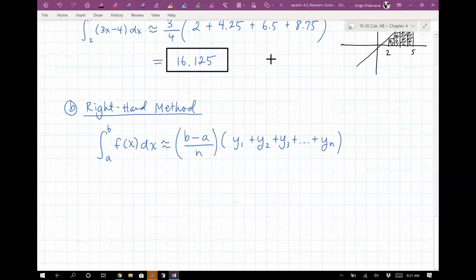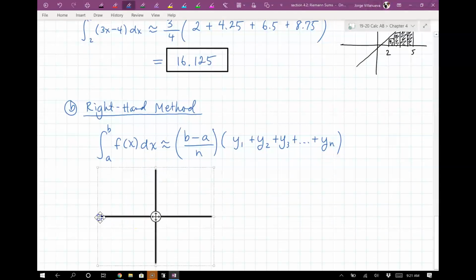Again, we're just doing quick sketches here. The idea is this. It's coming this way. Let's say this is 2 here, and we'll say this is 5. We're using the right hand, so the right top side of the rectangle.